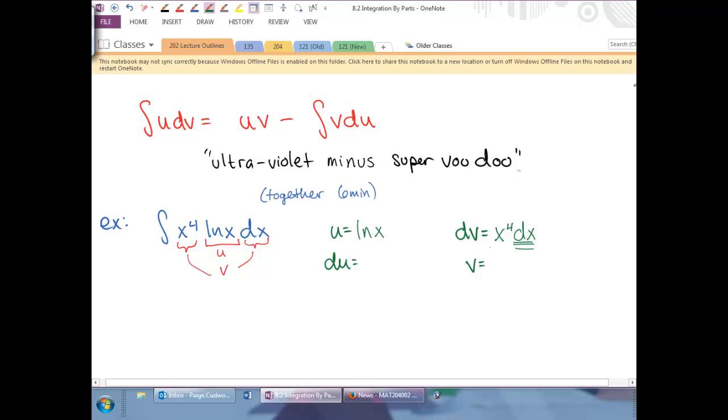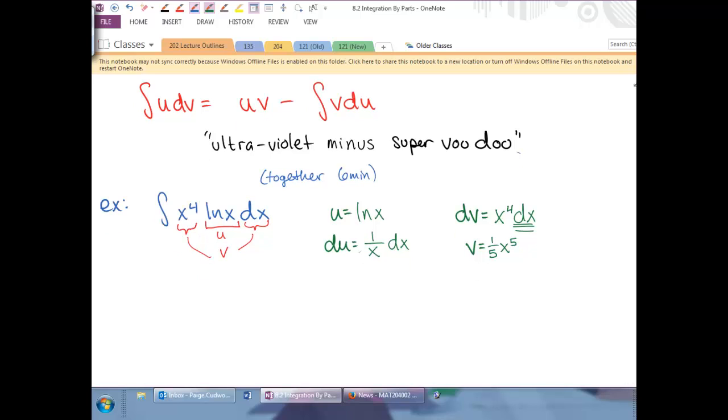Now if we have u and dv, we need to find du, which is just a regular derivative. So I take the derivative of natural log of x, I get a 1 over x, and then dx for my differential. And then for the dv, in order to get v, I just have to do an antiderivative. So my antiderivative here would be a 1/5 x to the 5th. Right? And then I put all these together to create our new integral.